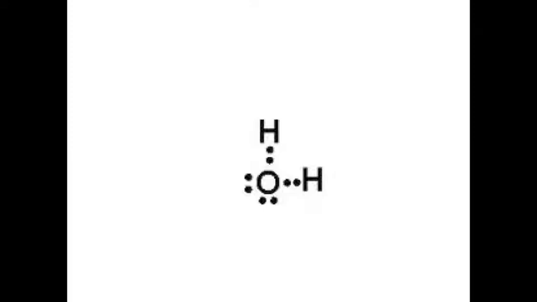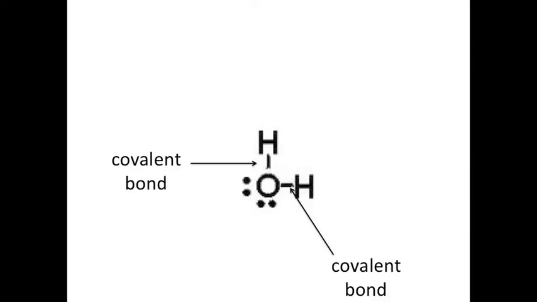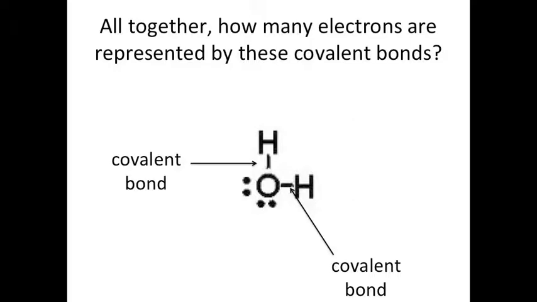Scientists usually represent these shared electrons with lines, like this. Each line represents 2 shared electrons, or a covalent bond. Why don't you point to all the covalent bonds you see? By these covalent bonds.